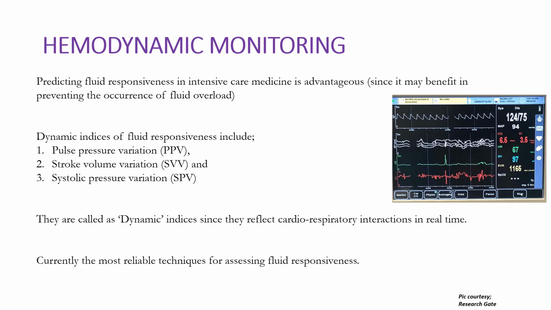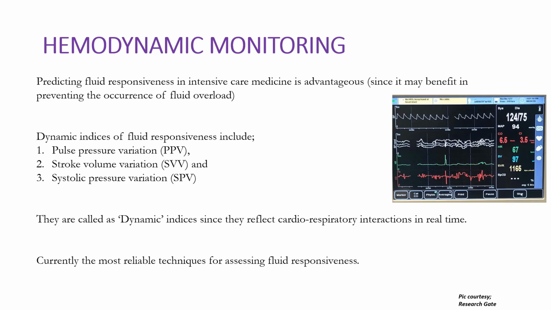Predicting fluid responsiveness in the ICU is advantageous because it may help us in preventing the occurrence of fluid overload, which is even more dangerous, leading to more organ injury. With time we have realized that fluid overload is more dangerous than fluid deficit.